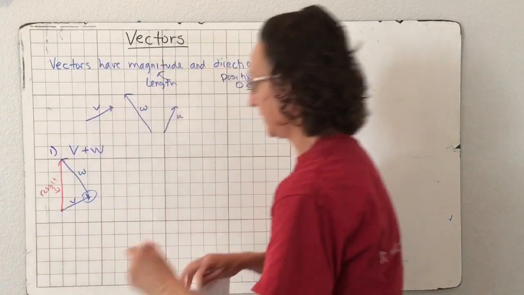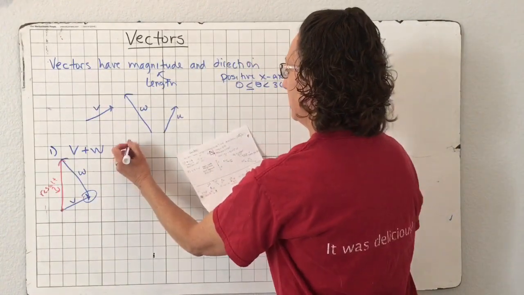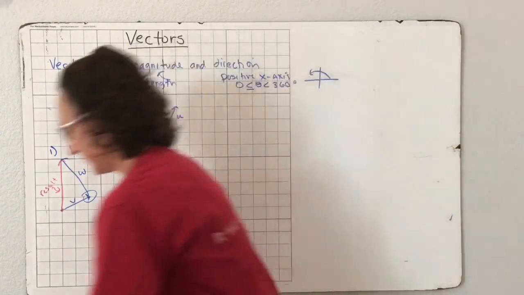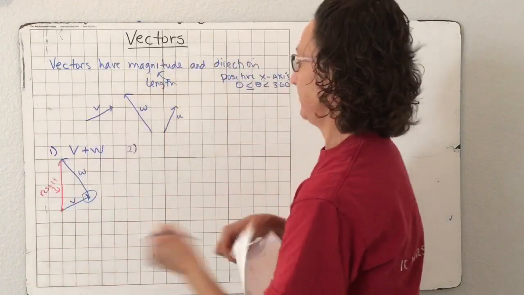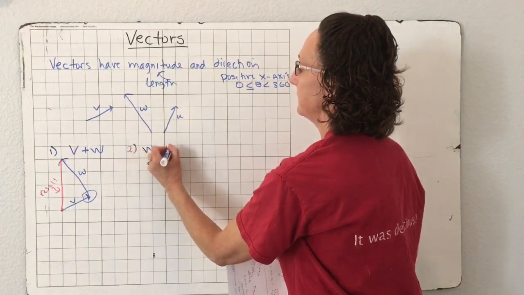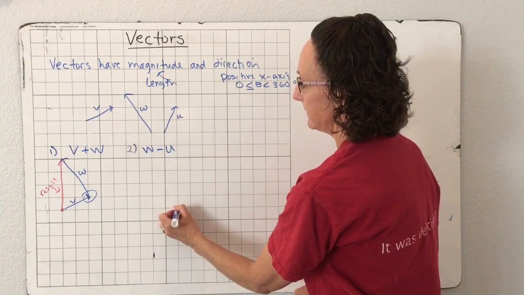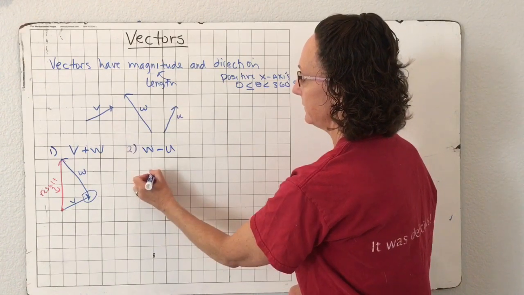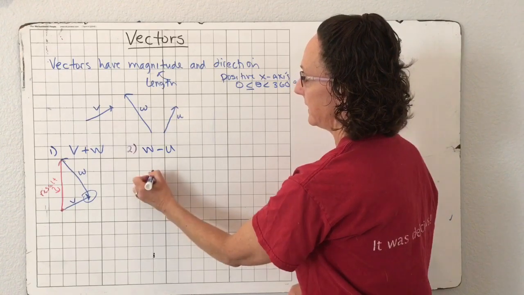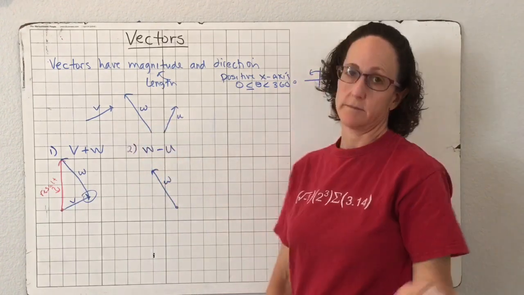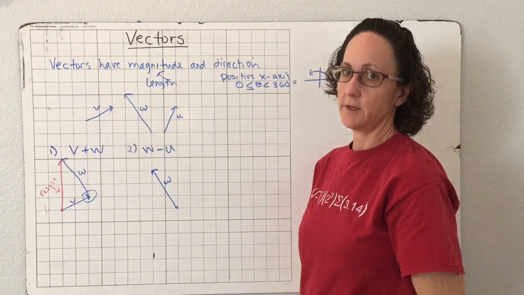Okay, this time I want you guys to do, I'm gonna use my blue, it's a little nicer, W minus U, okay? So this time we're gonna start with W. So I'm gonna go up 3 over 2, because that's the prescribed vector W. I could have made it anything.